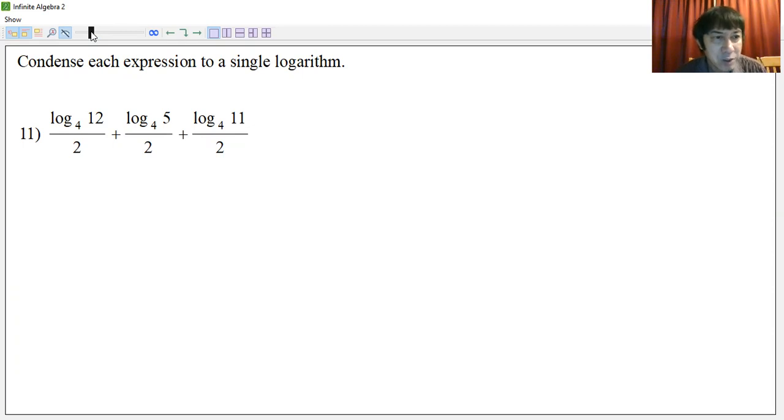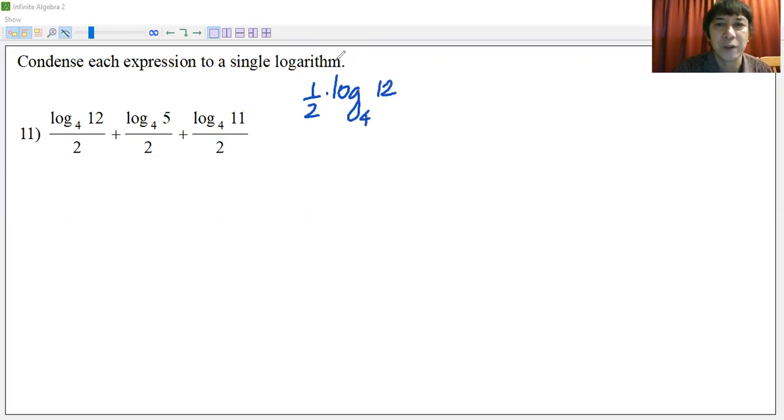Okay, you can see this given expression. These are all divided by 2. Okay, and this means 1/2. So the way to solve this, we simply put the 1/2 in front. So we have 1/2 logarithm of 12 base 4.